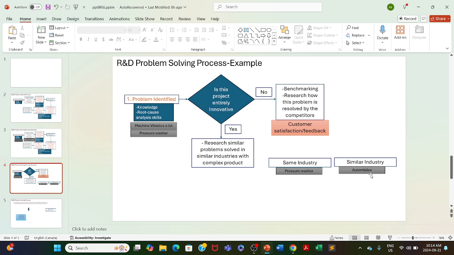So you would need to know what are the ways that the automotive industry isolates or reduces the vibration of their machines.